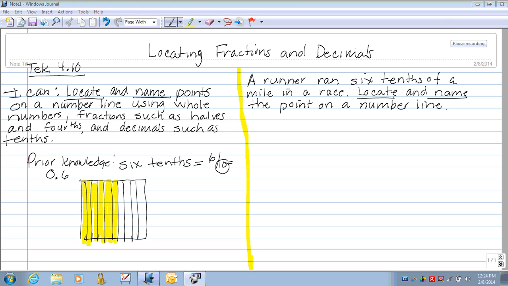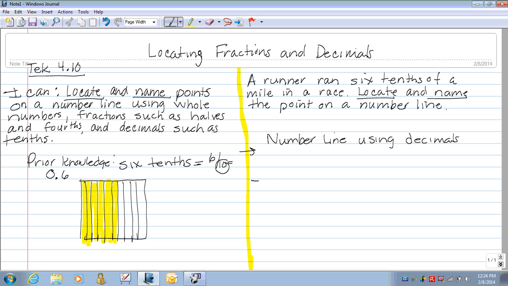Let's represent 6/10 now on a number line using decimals.